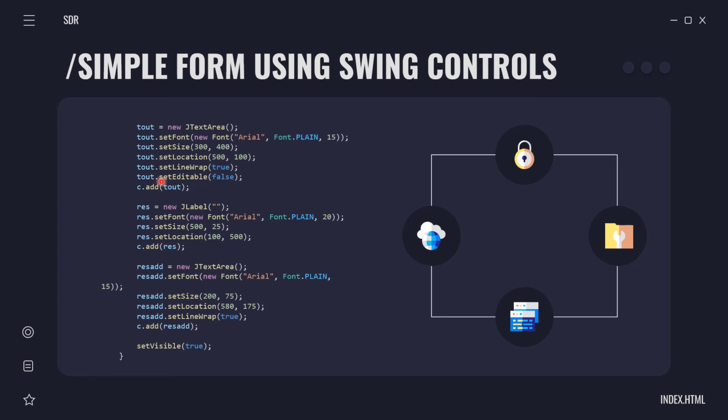Sometimes we have to set the location and set the size instead of using set bounds. Also, in a text area, we can use line wrap, so that the text does not continue and put on a scroll bar, but just wraps around and goes to a new line. So this is how these things have been defined.